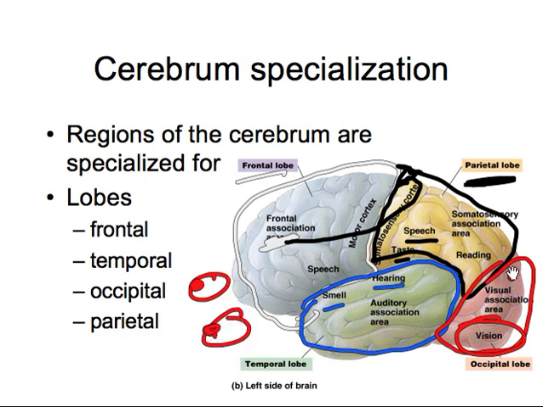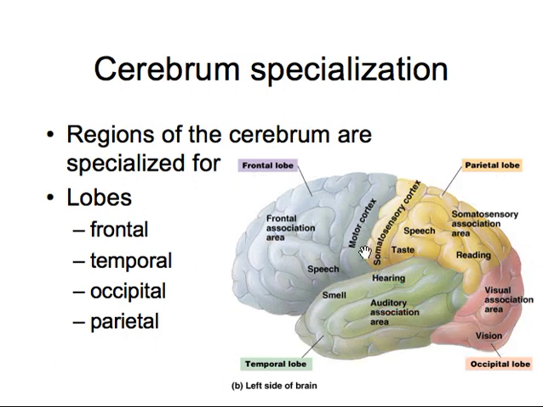And your occipital lobe is in the back. So when you're seeing something like this slide right now, that has to travel through tons of neurons all the way back to get processed in your occipital lobe. Specialization of the cerebrum. Different lobes do different things to process different types of information.